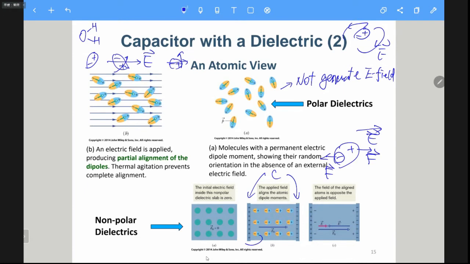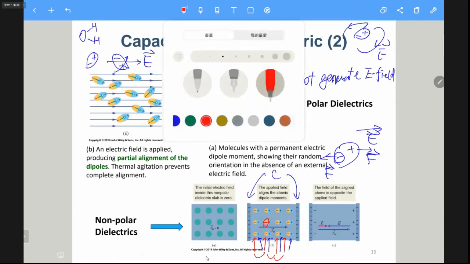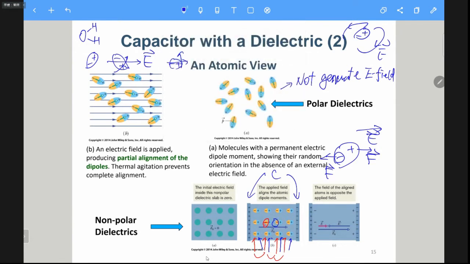In that case, all the dipoles will generate an E field. You can feel that you have all the positive charge on the right side and the negative charge slightly to the left of it, which feels like the center of mass of all the negative charge is slightly to the left side, and the positive charge is slightly to the right side.